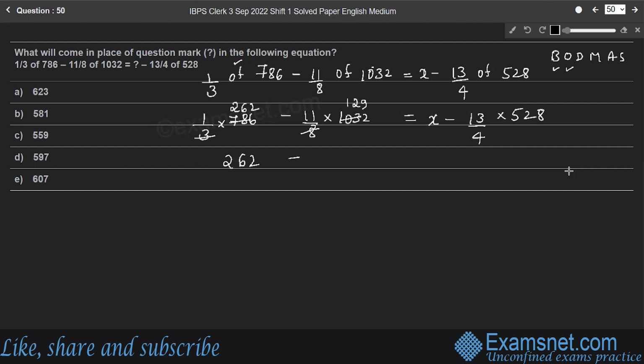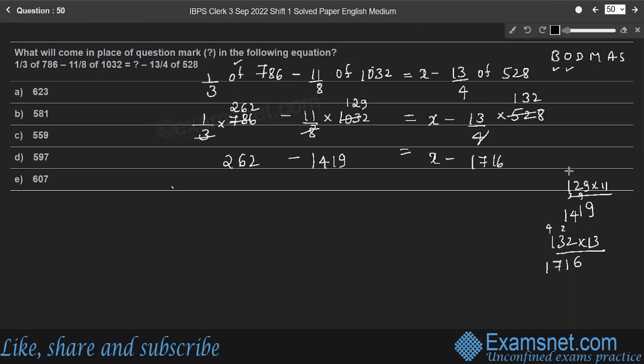So 129 into 11 is 1419 is equal to x minus. Then 4 into 132 is 528. So 132 into 13 is 1716.